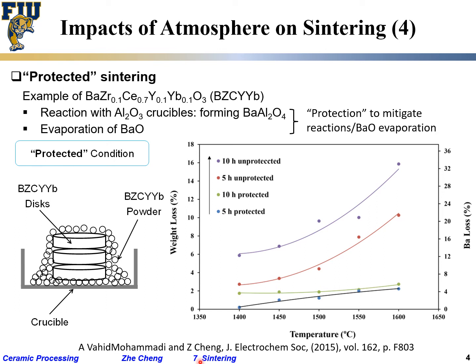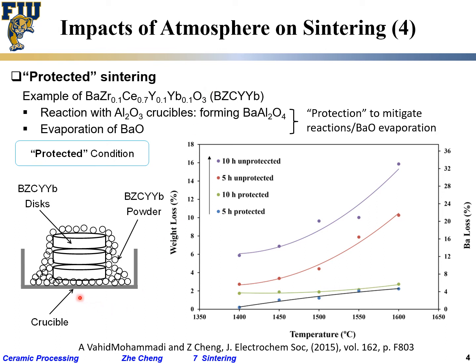One of our students put this material, which contains barium, zirconium, cerium, yttrium, ytterbium, and oxygen. The stuff that is going to leave would be the barium. What we observed is this material reacts with many other things.